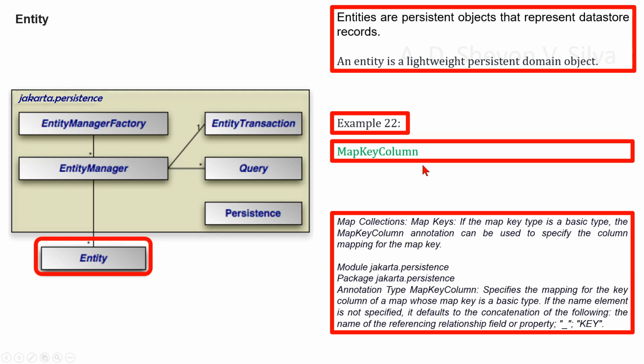If Java generic types are not used in the declaration of relationship attributes of type java.util.Map, the MapKeyClass annotation must be used to specify the type of the key of the map. The MapKey annotation is used to specify the special case where the map key is itself the primary key or a persistent field or property of the entity that is the value of the map. The MapKeyClass annotation is not used when MapKey is specified.